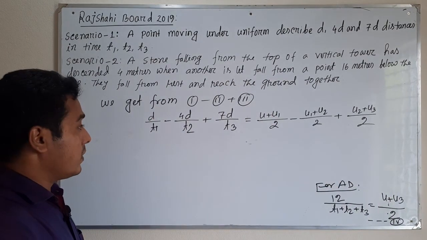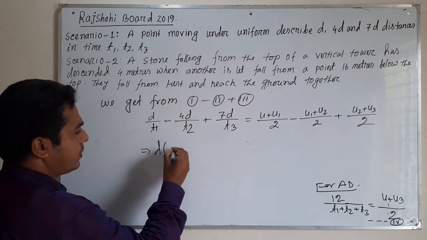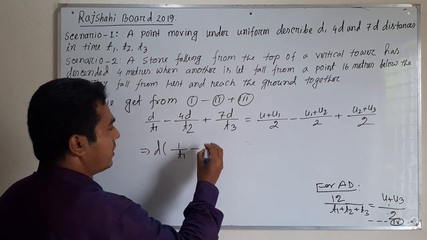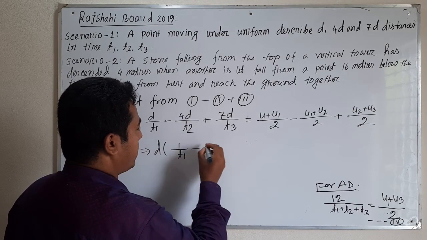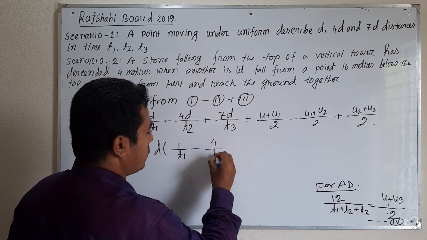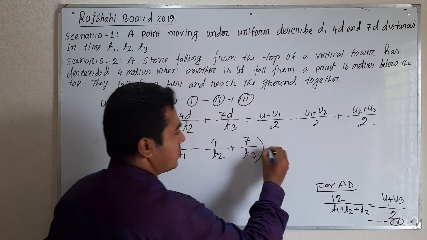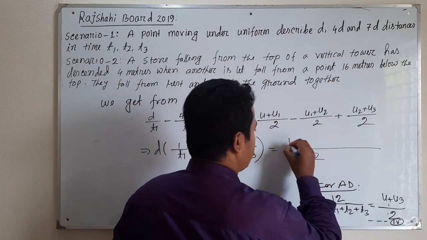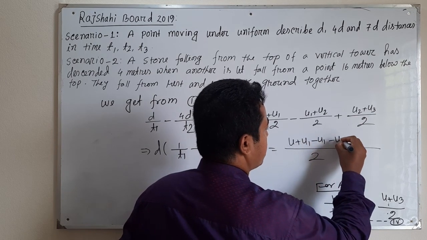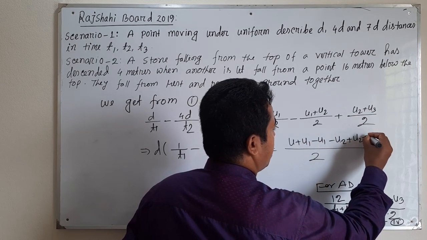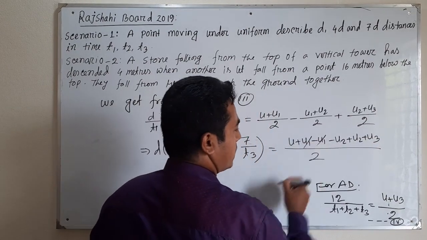So it will be, with D as a common factor, D into 1 by T1 minus 4 divided by T2 plus 7 divided by T3 is equal to U plus U1 minus U1 minus U2 plus U2 plus U3, all divided by 2.